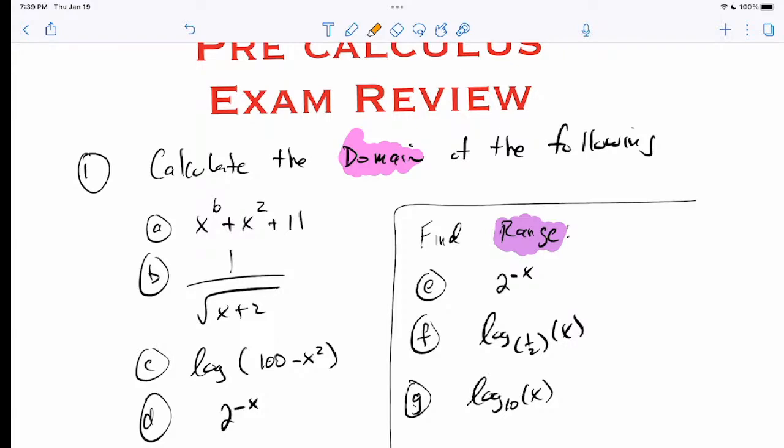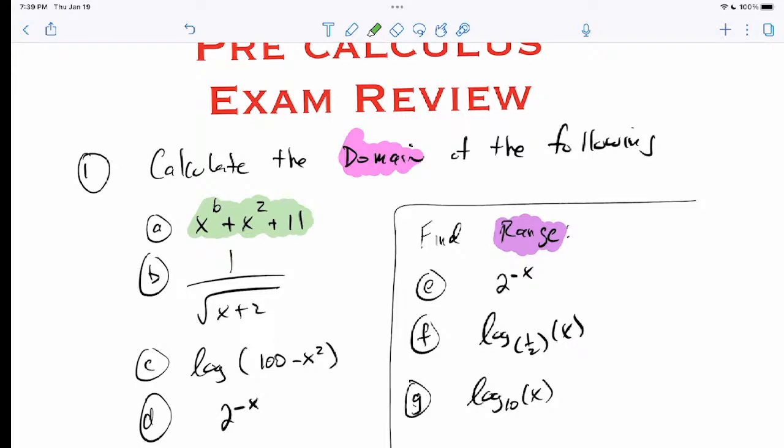Okay, so I start off here taking a look at the idea of domain, and that's the focus of these questions. Whenever you're looking for domain, you want all the values such that the function exists. So if I look at A here, the question becomes where does it not exist? Well, it does not exist in values where you're dividing by 0, taking the root of a negative number, or the function itself is undefined.